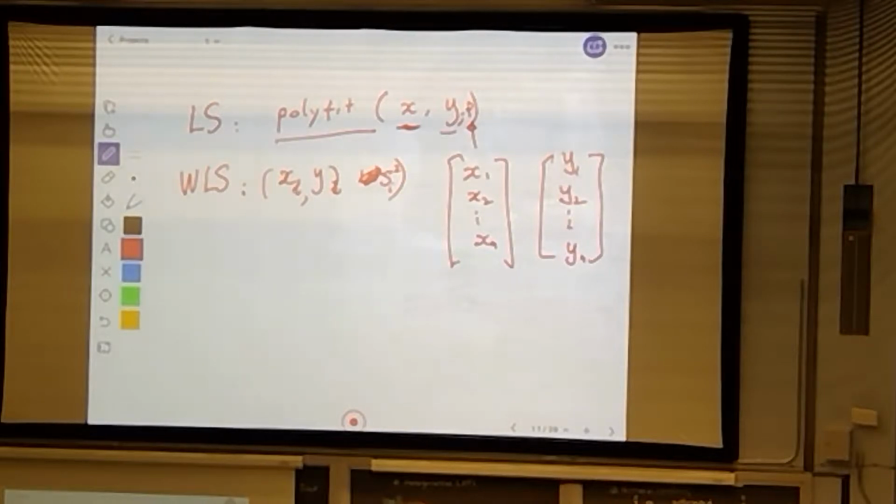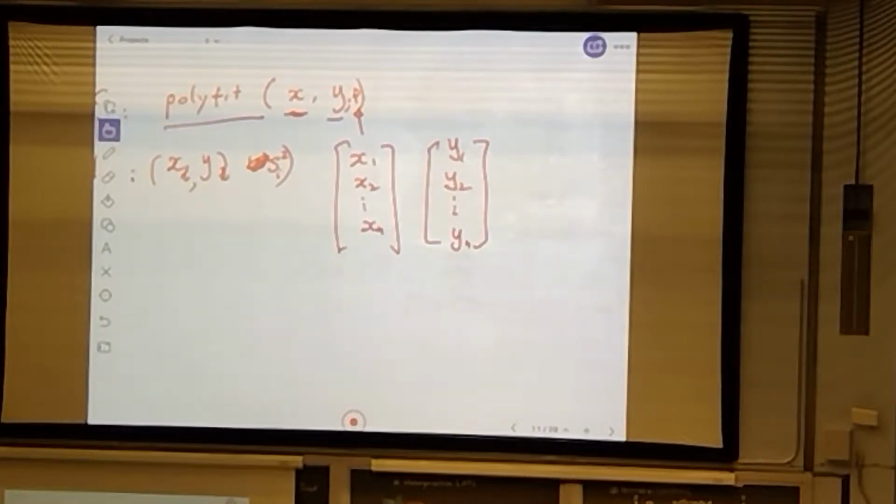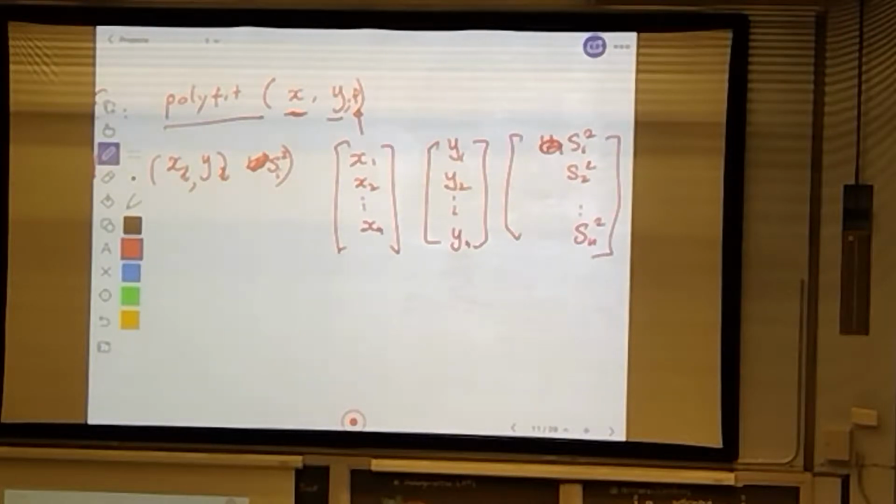Now you have another vector which is s1 squared, s2 squared, and sn squared. The thing is, I want you to use the existing function you have already written. How would you do it?